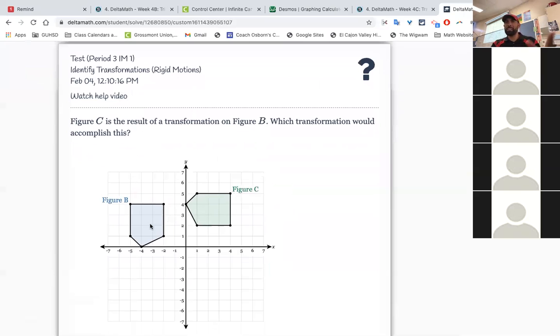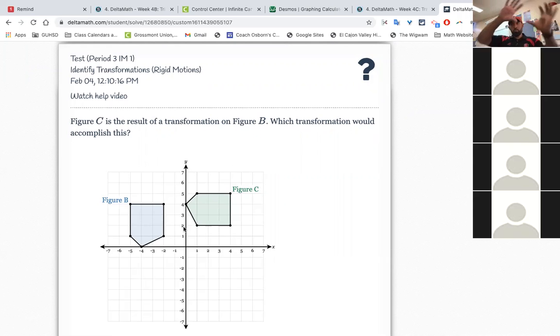Can I take figure B and do the same thing, flip it over and get the same thing? Well, no, that wouldn't be a flip. The other thing is it has shifted its orientation, so that also means it's not a translation. Okay, so that means our only thing left is a rotation.